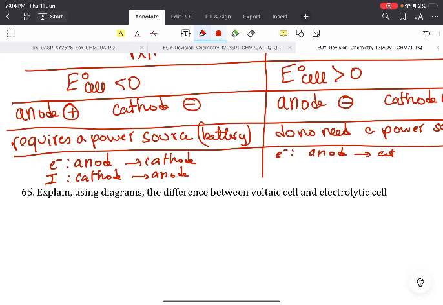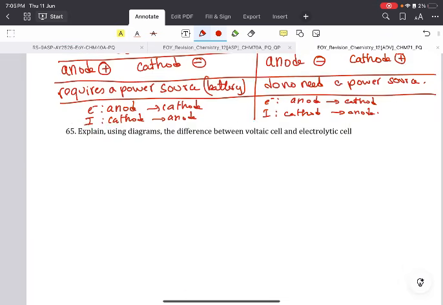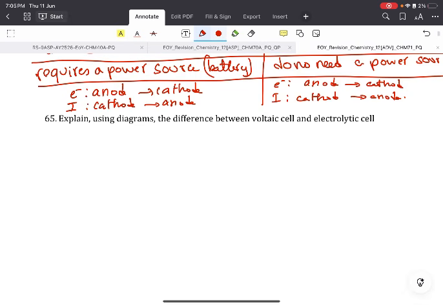Electrons from anode to cathode and current from cathode to anode. These are the main things that we can compare. Explain using diagrams again the difference between a voltaic and electrolytic cell. And I think that's it. I mentioned everything in it.